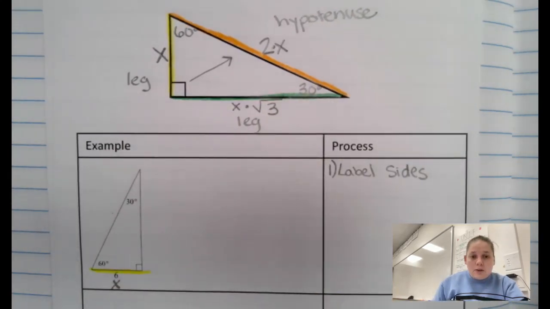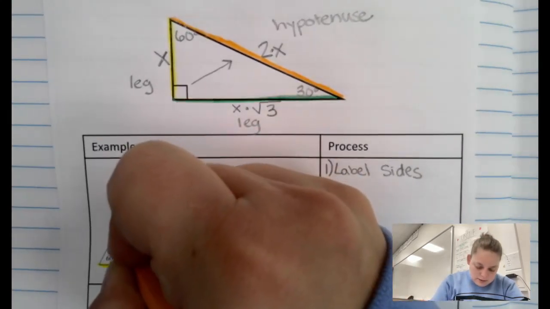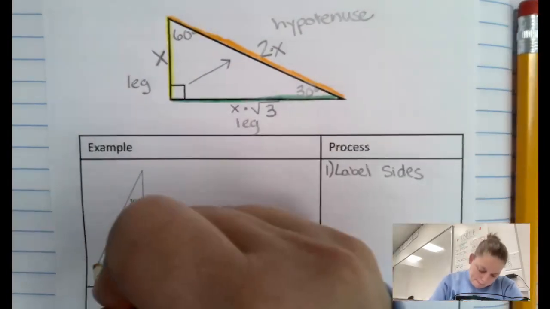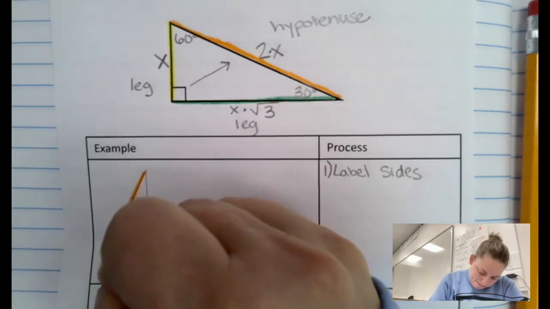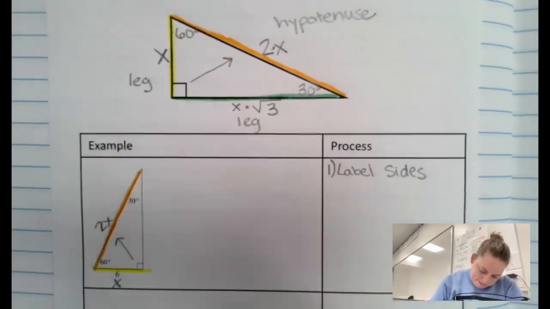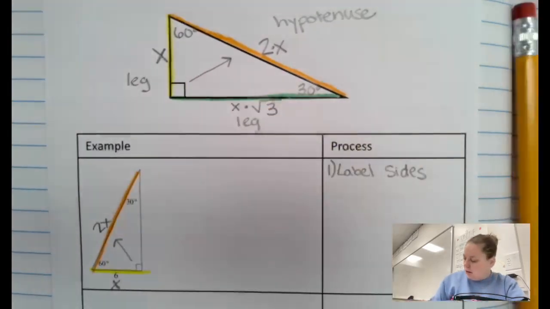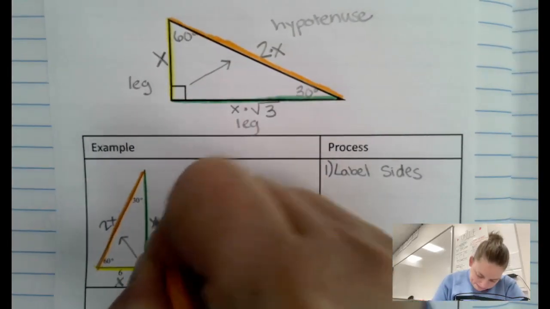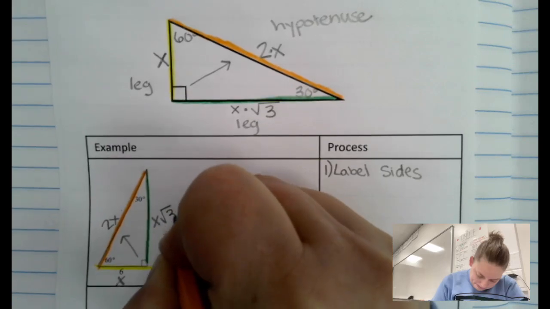My hypotenuse across from the 90 is always 2x. And then our longer leg is x square root of 3.